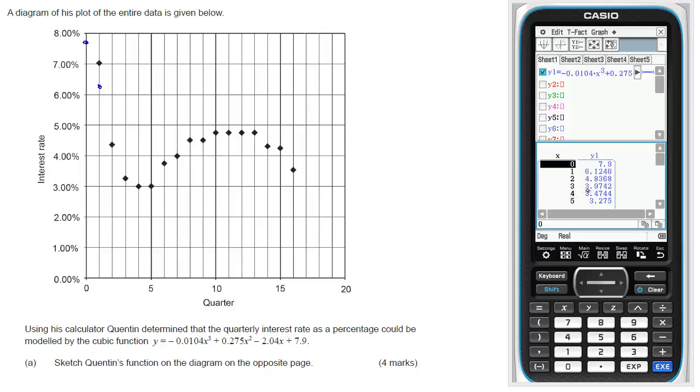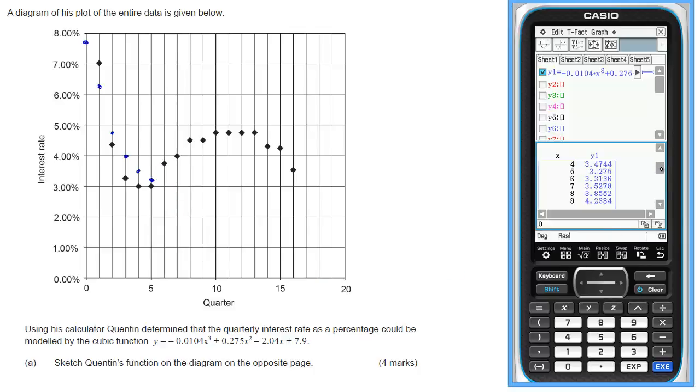And 2 is at 4.8, so sort of here. And then 3 at, well, just about 4, so sort of there. 4 at about 3.5. 5 at 3.275, so say there.